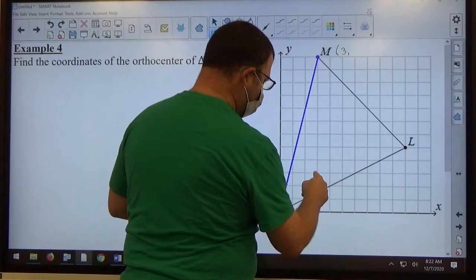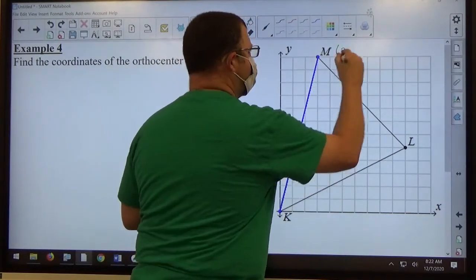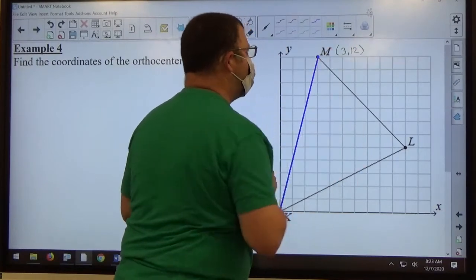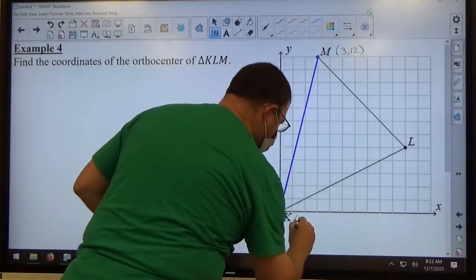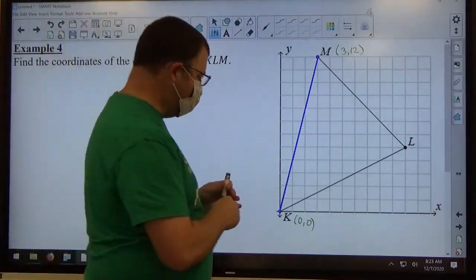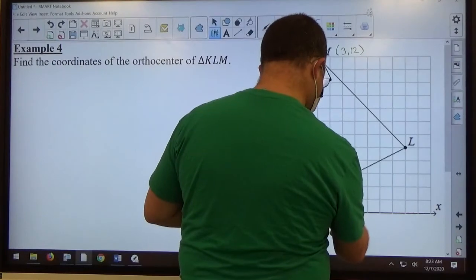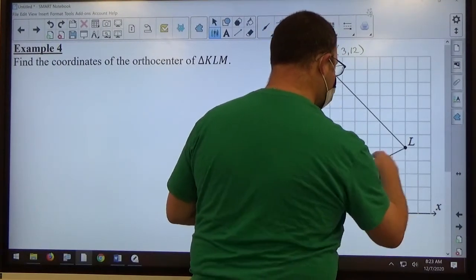And then 12 up is the y coordinate. Point K is the origin, so it's (0, 0). And finally point L is 10 to the right and 5 up.